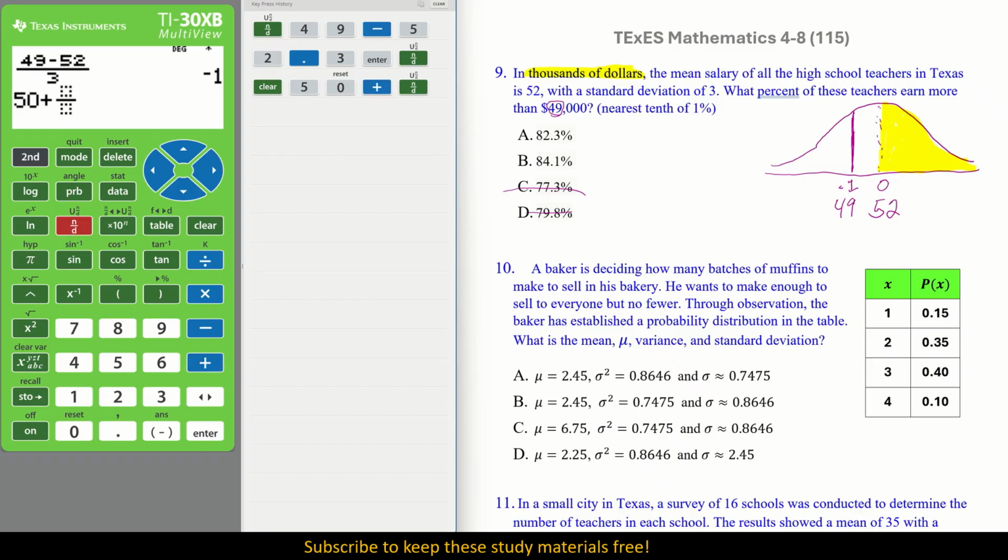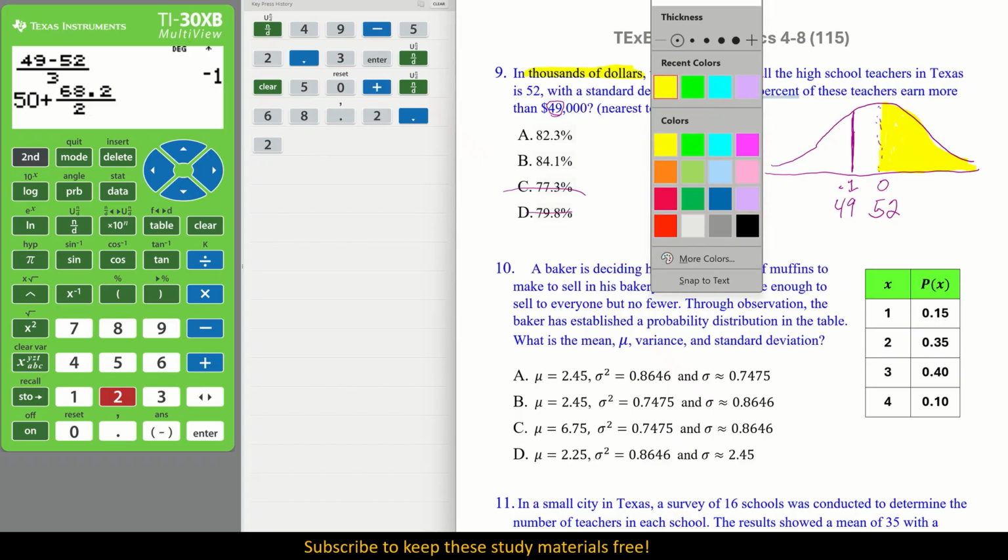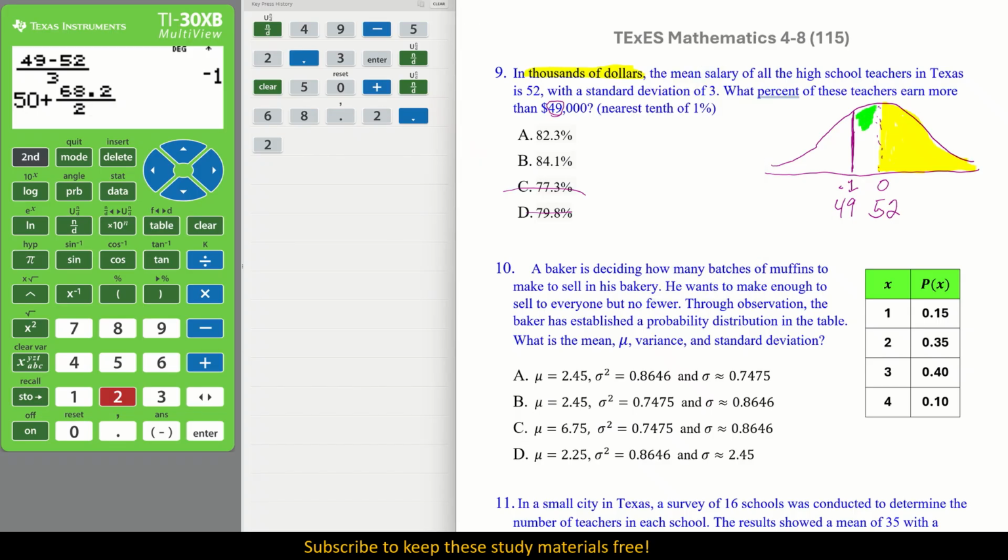plus the fraction of what? 68. Let's do 0.2. And then let's divide that by 2. Remember, we only want this half. Here, allow me to change this and show you. This little part right here is the half we're going to add to the yellow. Now, why are we doing that?